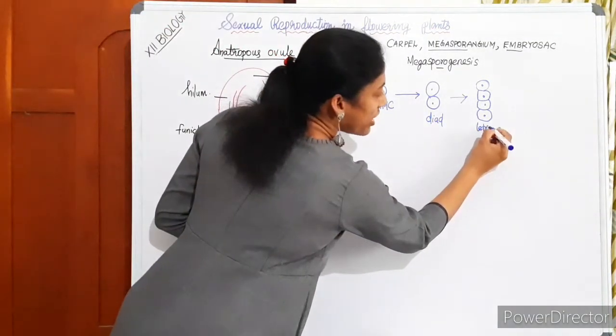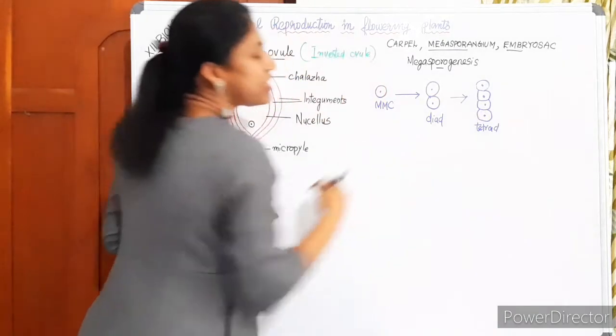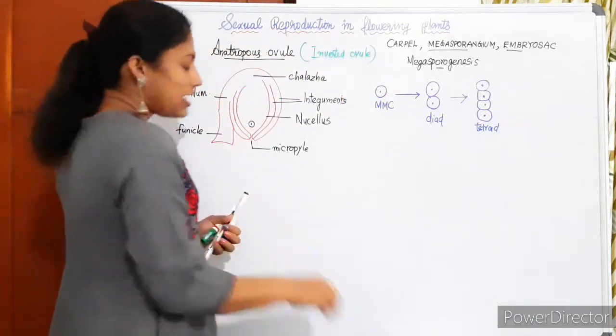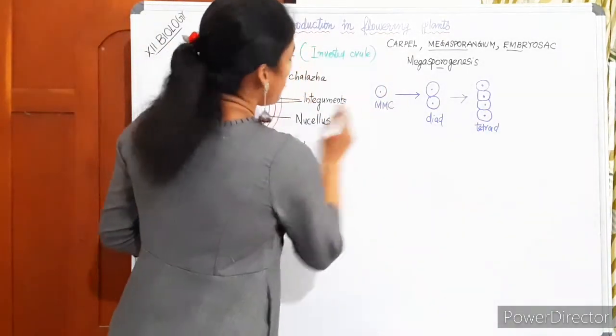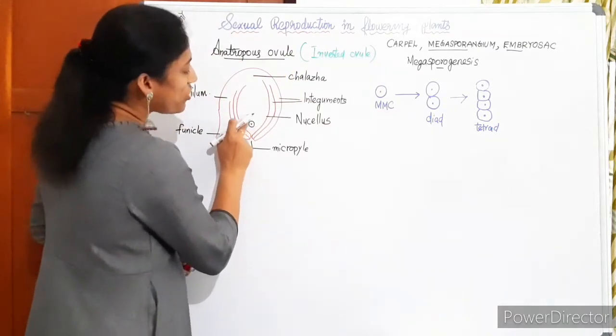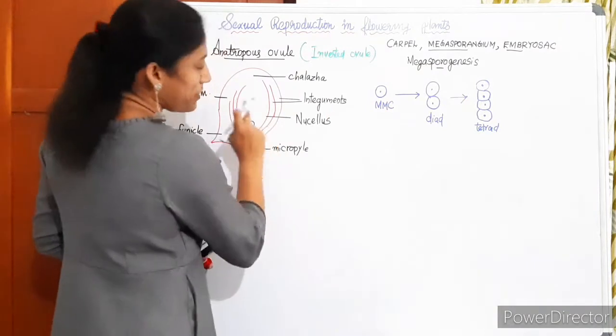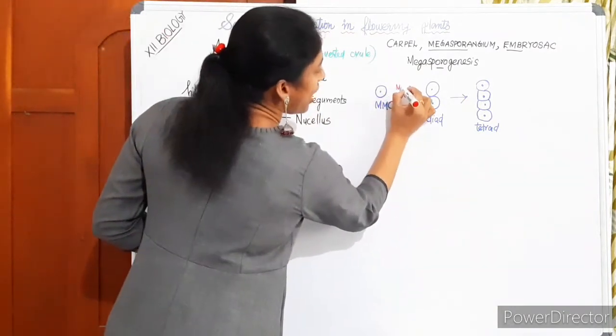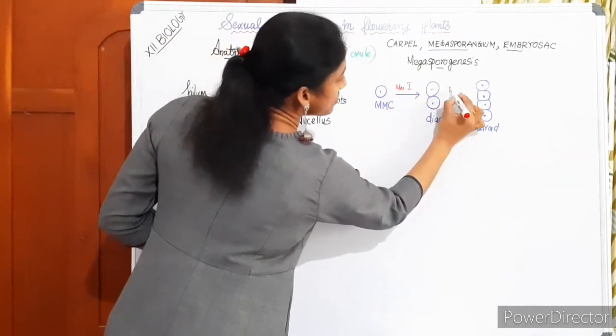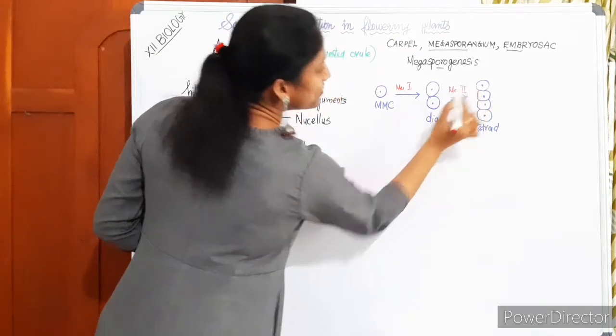This is the megaspore tetrad. Just understand: the megaspore mother cell first forms a dyad here, then forms a tetrad here, in the same place of the nucellus. This is after meiosis 1 and this is after meiosis 2.